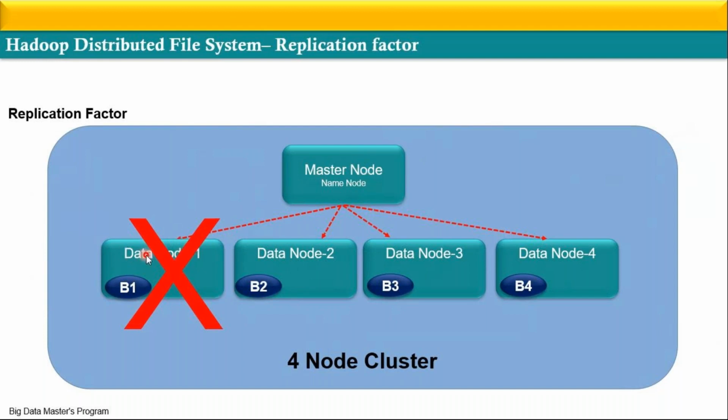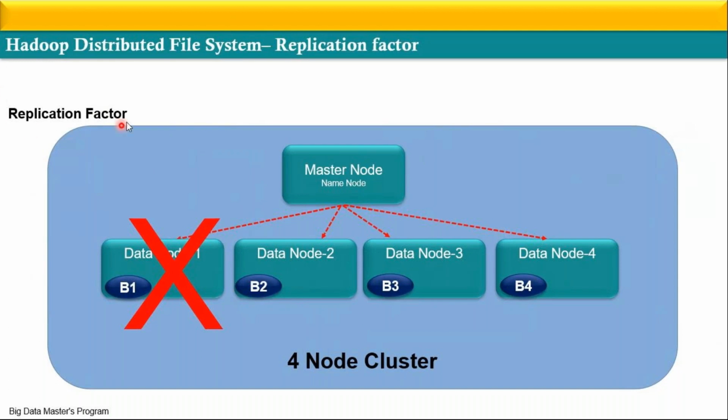So what will happen in this case? The file size was 510 MB and we divided it into 4 blocks. If one block is lost, then the remaining blocks will not be utilized, because I will not have the complete data. So what will be done in that case?